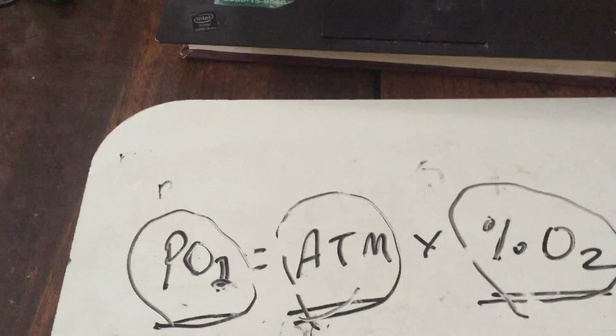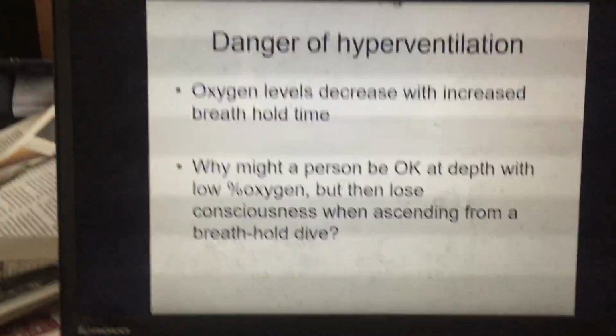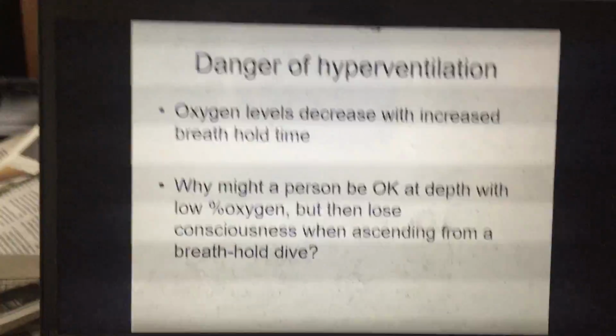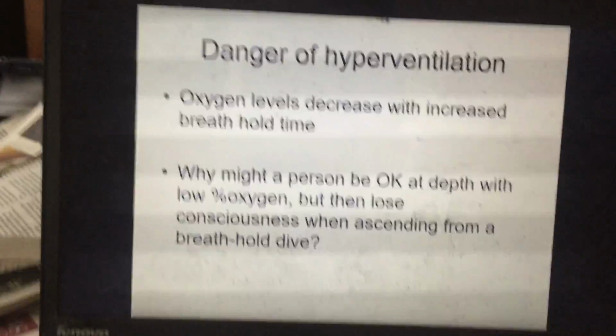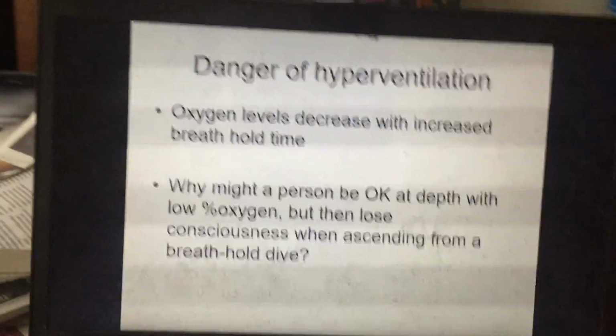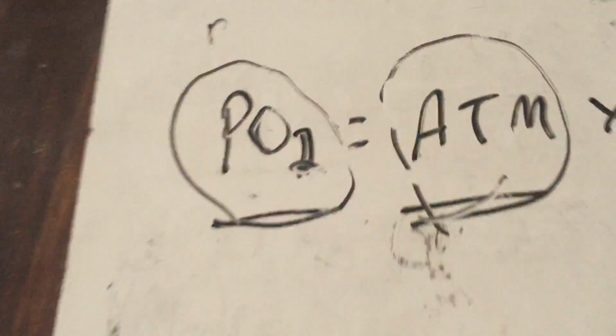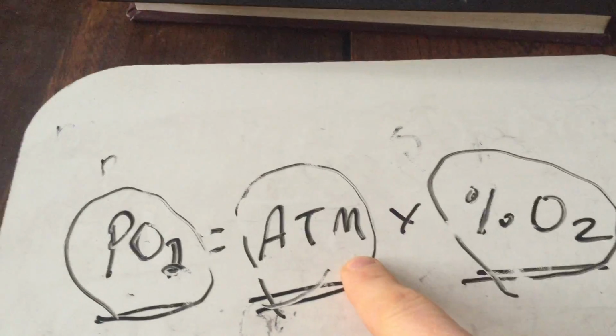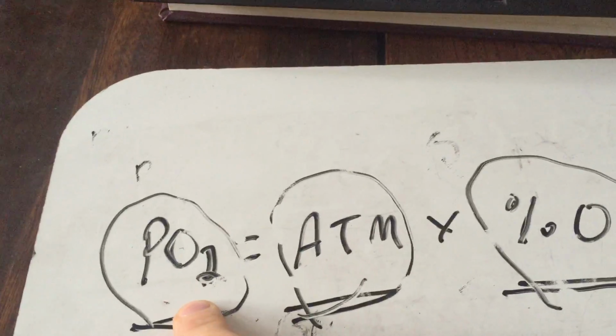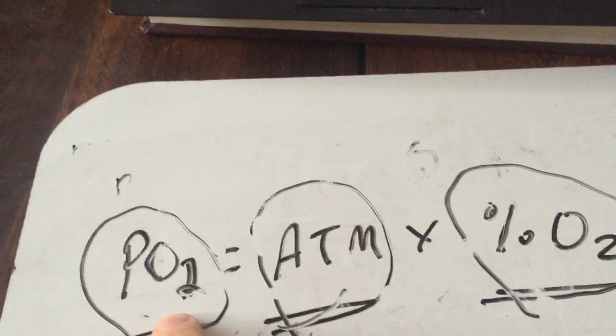The problem is when you come up from the dive and you're in shallow water, you get a decrease in pressure. Because your atmospheric pressure is now decreasing when you're in shallow water, you get a dramatic decrease in PO2 of your lungs or your blood, and that's going to make you hypoxic.